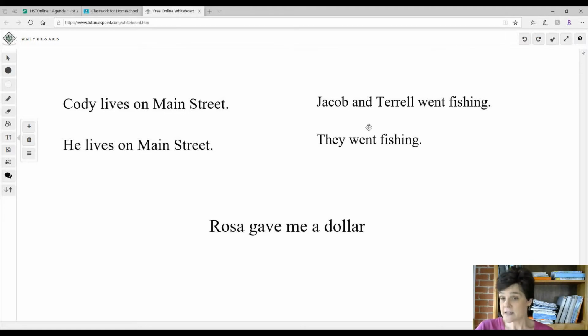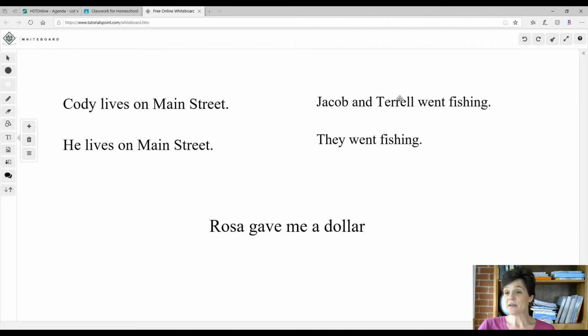Now, I want you to look at these sentences. Let's look at this one. Jacob and Terrell went fishing. Now Jacob and Terrell, that's a compound subject. There are two words in the subject, because went is the verb, and this tells where they went. So Jacob and Terrell is a compound subject. That means that it is plural, which means if I want to replace Jacob and Terrell, I have to use a plural pronoun to do it.